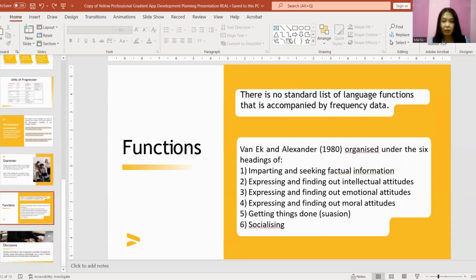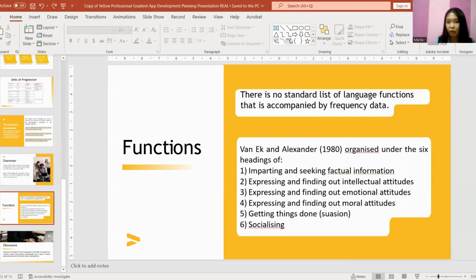Next is functions. There is no standard list of language functions that is accompanied by frequency data. Here, functions means the language expressions. For example, if we apologize or forgive, those are functions. Actually, there are many kinds of language functions.